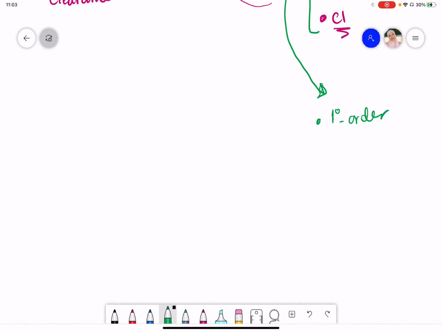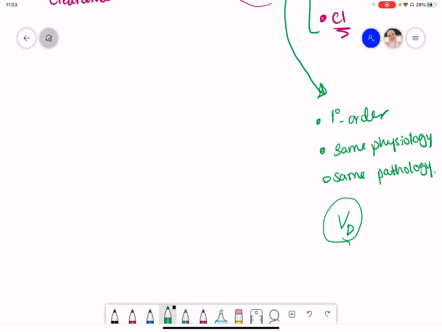which also assumes that we are having similar physiology and similar pathology in the individual we are talking about when we are measuring the volume of distribution or the clearance of the drug. Why is that? Because sometimes the physiological or pathological condition is changing in the same individual, and then it's not constant anymore.